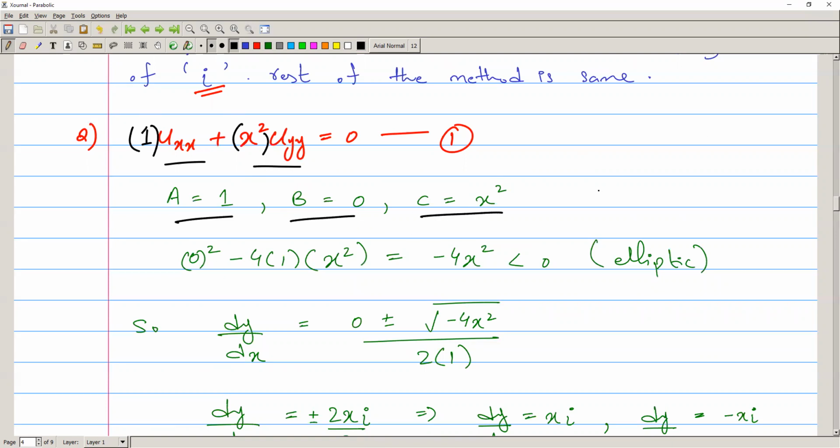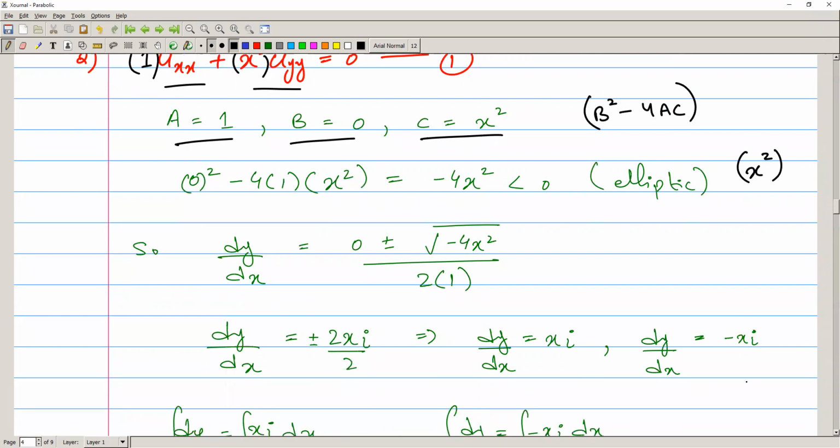We put these into b squared minus 4ac and check whether it is equal to 0, less than 0, or greater than 0. So 0 squared minus 4 times x squared equals negative 4x squared, which is less than 0, because x squared will always be positive whatever value you provide to x.